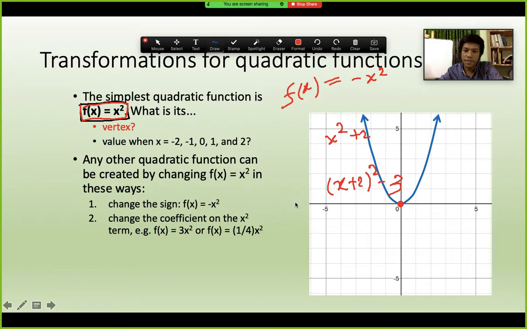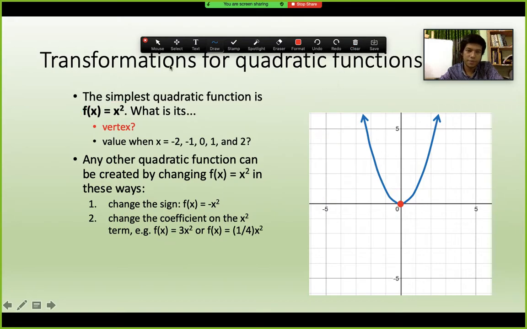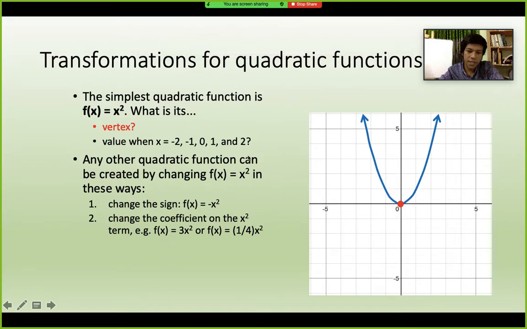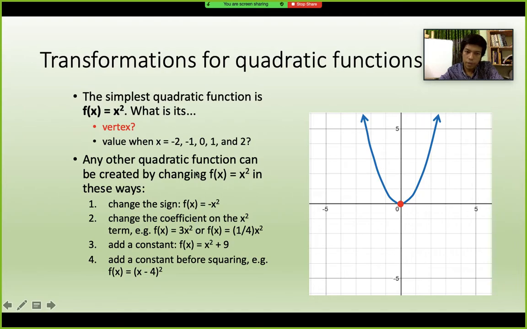Or we can give some number here, like 1, 2, 3, suppose 2. So there are many ways we can add things to this x squared, and for all of these there will be some impact on the graph.